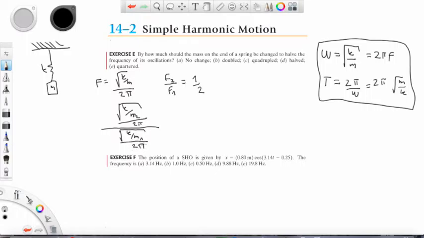So the 2 pi's cancel, so do the k's, and this is equal to half.